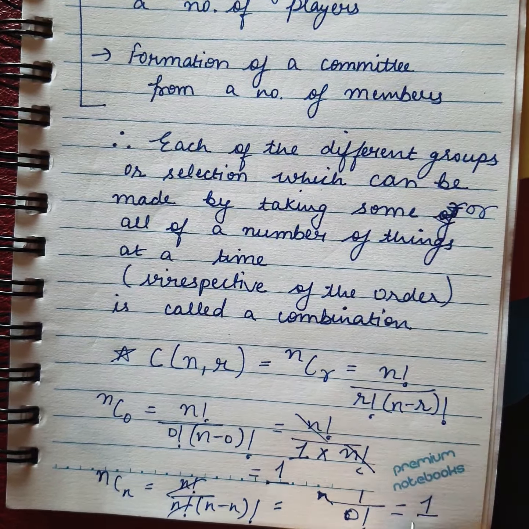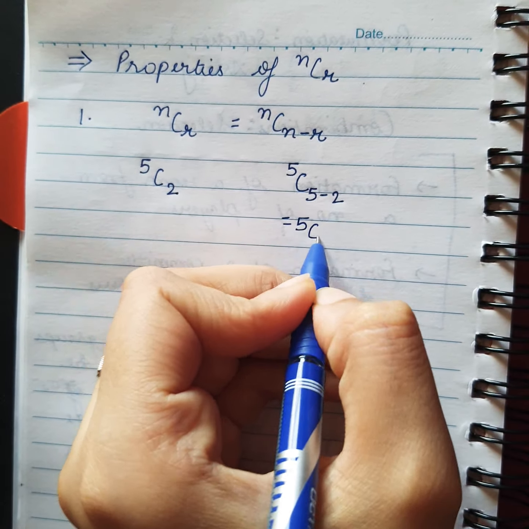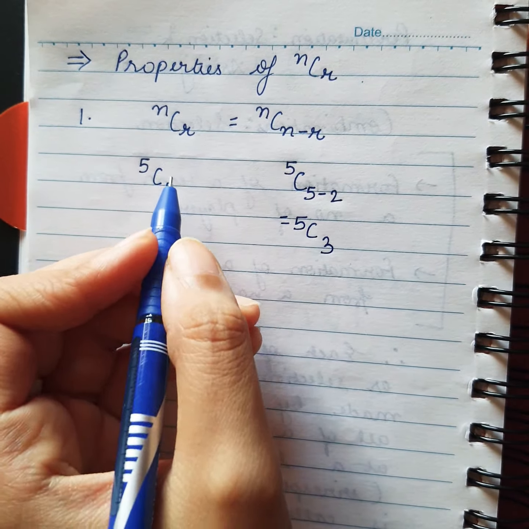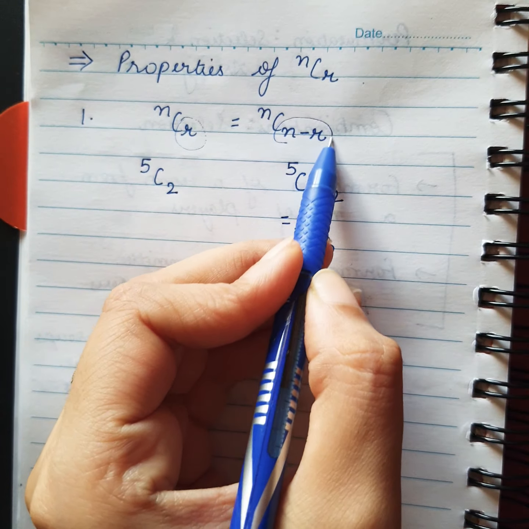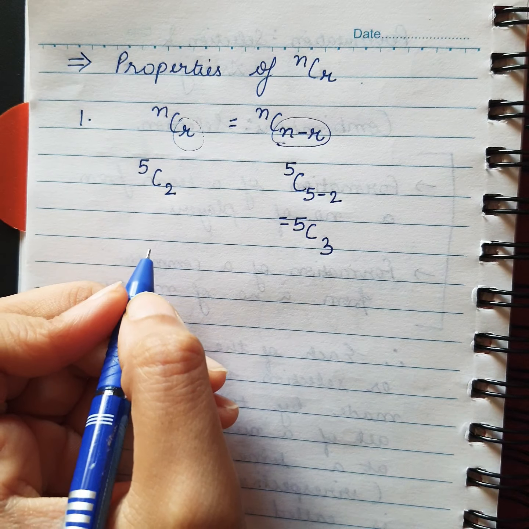Now we will study properties of combination. The first property is nCr will be the same as nC(n minus r). For example, if I have n as 5 and r as 2, according to this 5C2 is the same as 5C(5 minus 2). They both should be equal. That means r and n minus r, the sum is n itself.